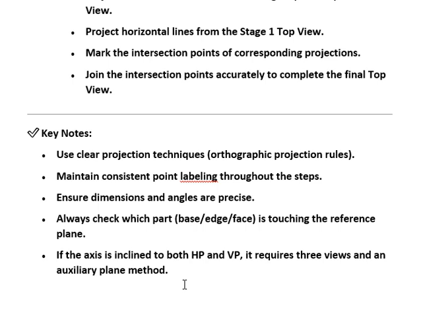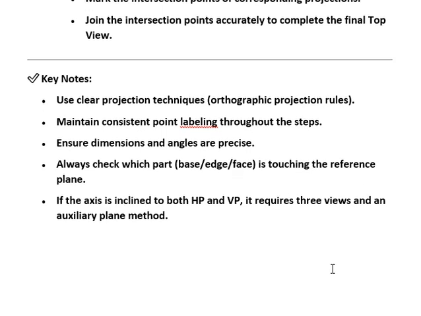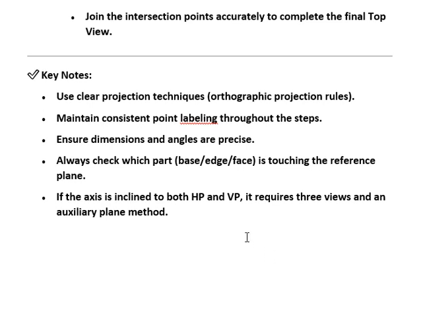If the axis is inclined to any one of the planes, whether horizontal plane or vertical plane, we have to go for the two-stage method. If the axis is inclined to both HP and VP, it requires three views or three stages. This is what one has to remember for solving problems in projection of solids.